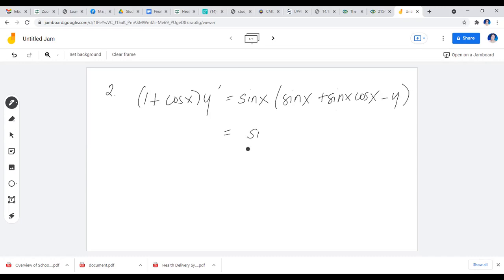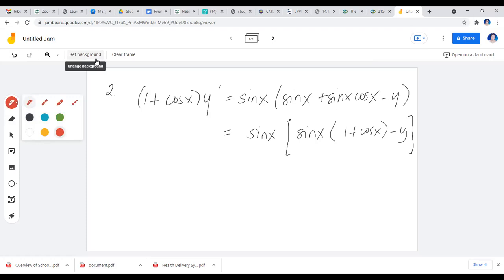So you will have here sine x times the quantity 1 plus cosine of x minus y. Okay. Now, I simply factored out, let me change the color of my font, the sine of x in here, the common one, and this is the corresponding factored sine of x.